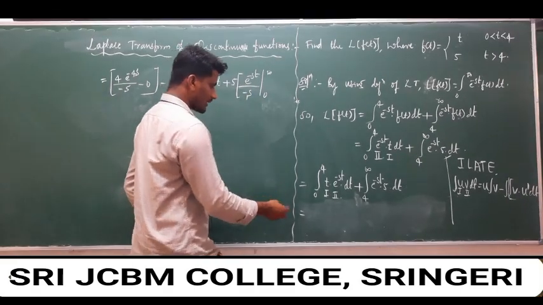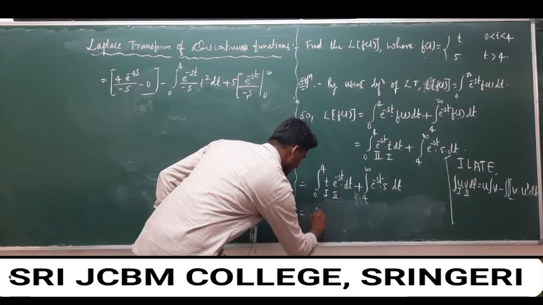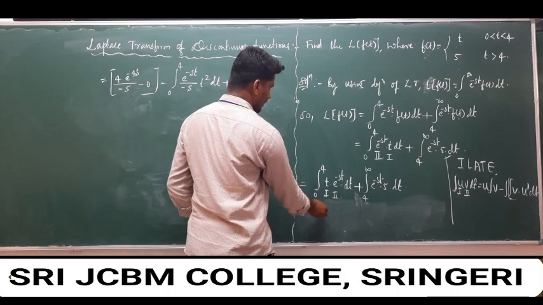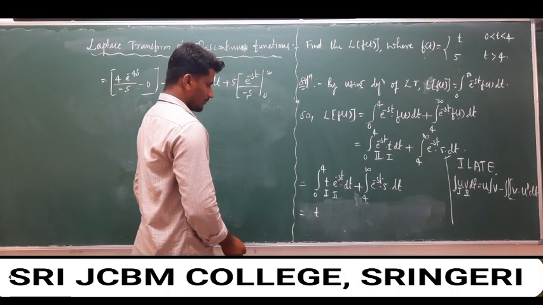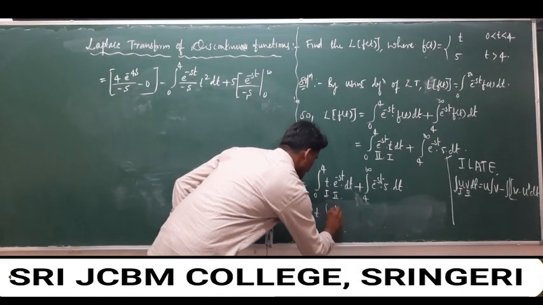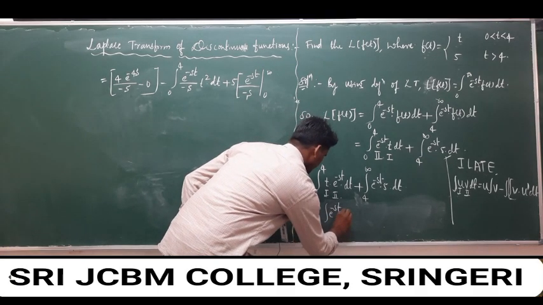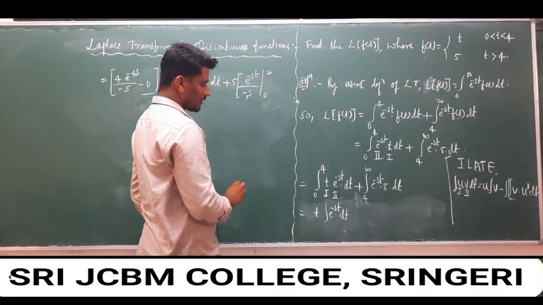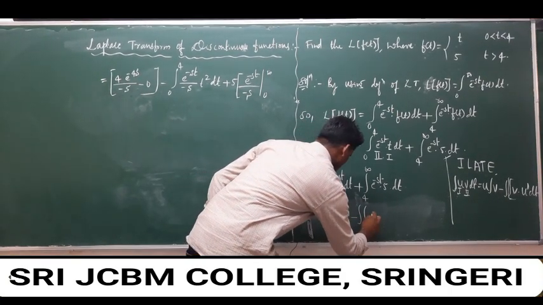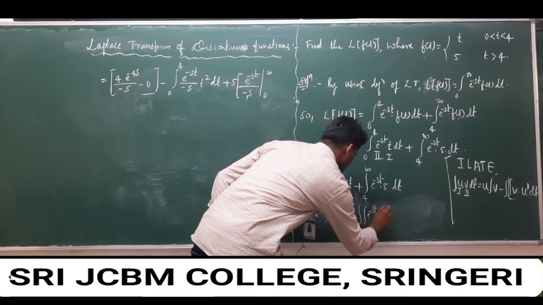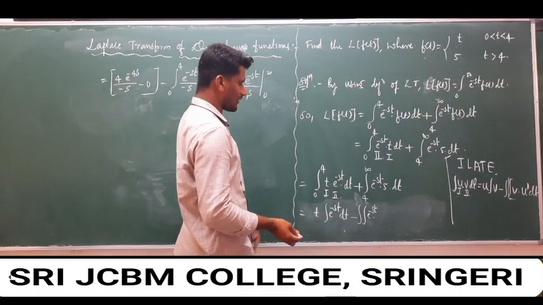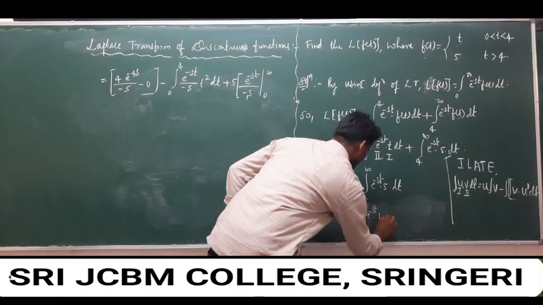Here the first term t is kept as it is, t is our u and v is e to the power minus st. So integration of e to the power minus st dt, we are integrating with respect to t, and minus integration of the integral of e to the power minus st, with u prime being the differentiation of the first term, that is 1, and dt.